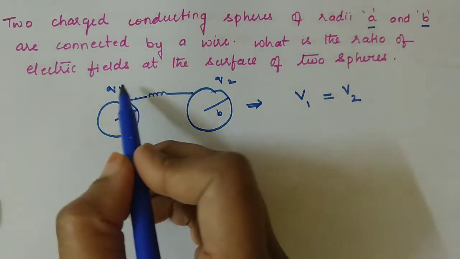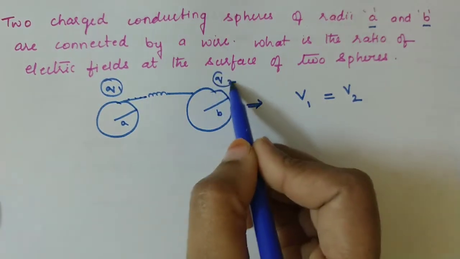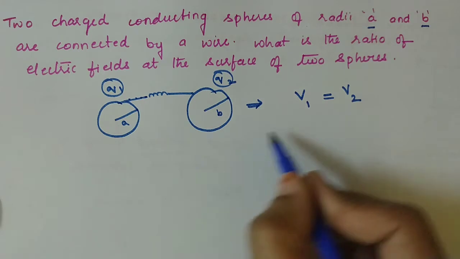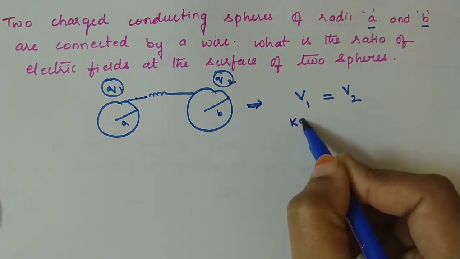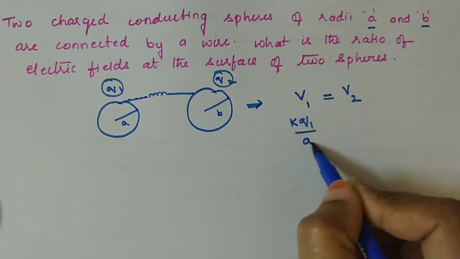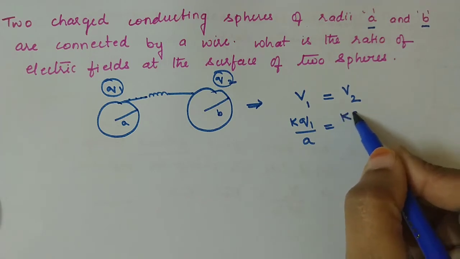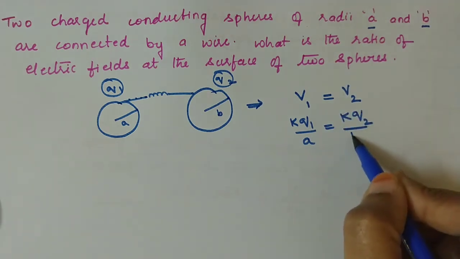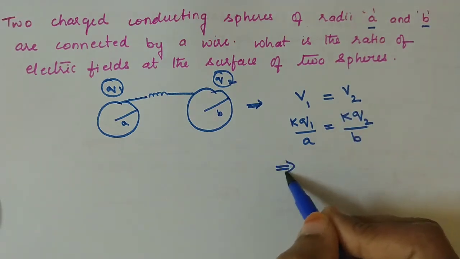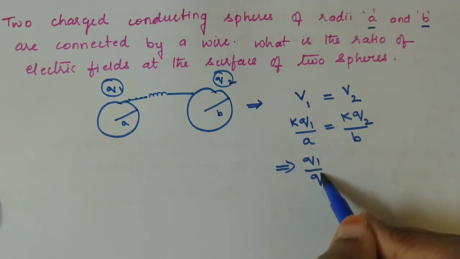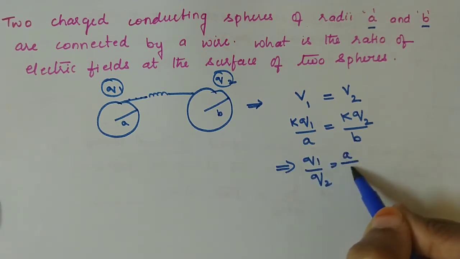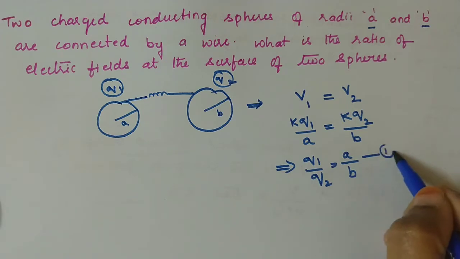So after connecting, let us suppose the charges are q1 and q2. Now we are removing the wire. I'll equate the potentials. K into q1 by small a becomes equal to k into q2 divided by b, which implies q1 by q2 is equal to a divided by b. Call this as equation 1.